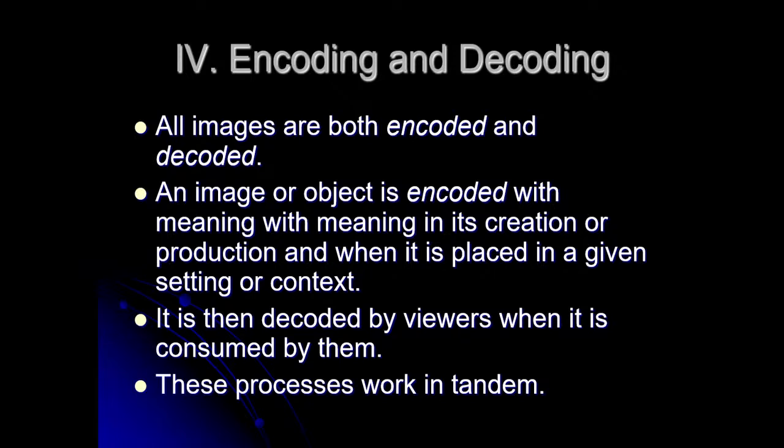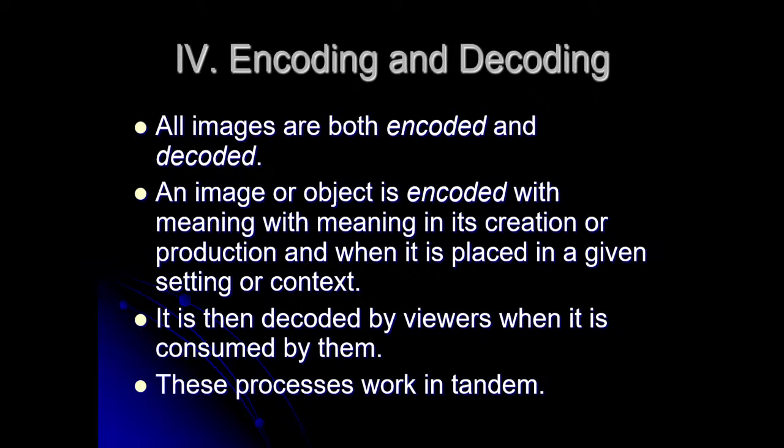If you look at it here, all images are both encoded and decoded. You also encode an image and you also decode an image. An image or an object is encoded with meaning in its creation or production and when it is placed in a given setting or context.